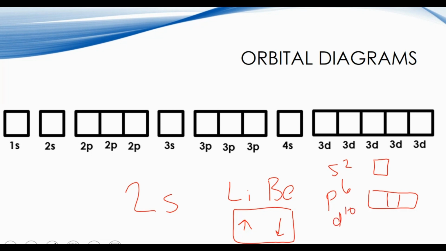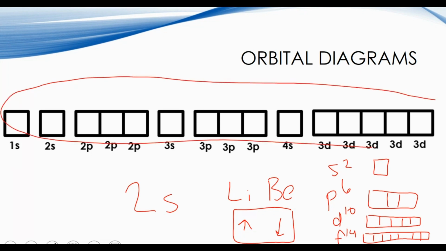That should tell you that because we can fit 2 in each, we are going to have a total of 5 orbitals. If we look at the f sublevel, we'll see that it has 14 electrons, so it can have a little bit more. It can have 7 orbitals, because we can fit a total of 2 electrons in each of the orbitals. So that's where these particular orbitals in this specific arrangement come from.